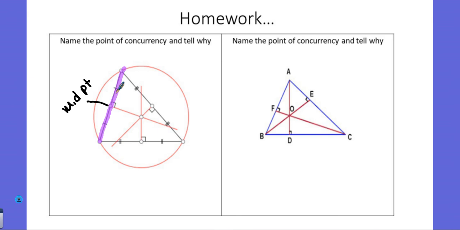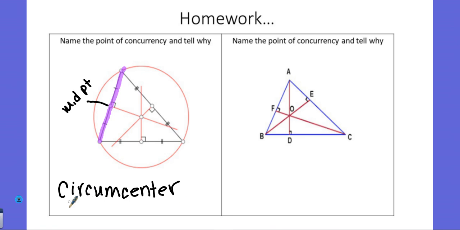So I'm going through a midpoint and being crossed at a 90-degree angle. And if you look, that is happening with all of these line segments. So this is called a circumcenter. And the circumcenter normally has the circle on the outside of it. And I'm going to tell you what that means too.